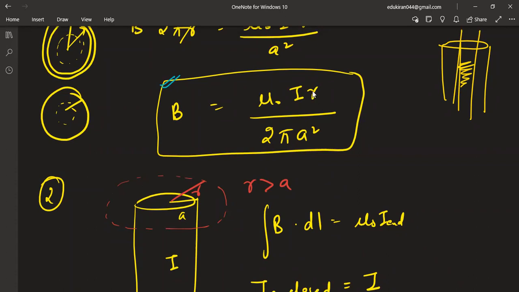All of you should know that the way we choose a Gaussian surface when we are solving Gauss theorem, we consider only that system with it. Same way in magnetic field, in Ampere circuit law, we have an Amperian loop. So this is the radius of the Amperian loop.